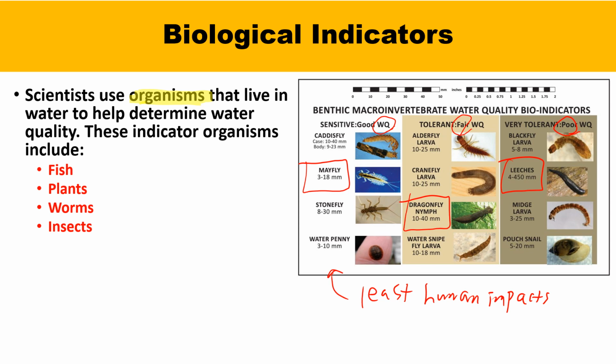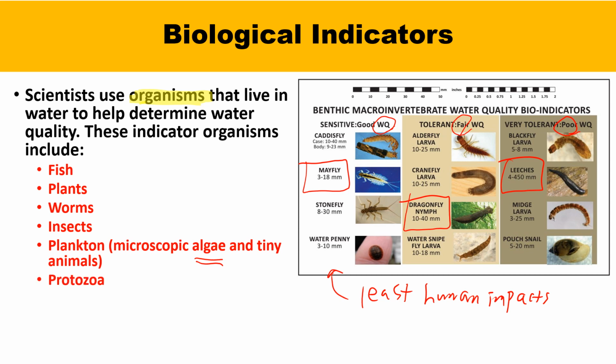Insects, plankton. And when it comes to plankton, there are plant-based ones, and there's zooplankton. Protozoa, which are simple-celled organisms. Bacteria, and in certain cases, some of the viruses.